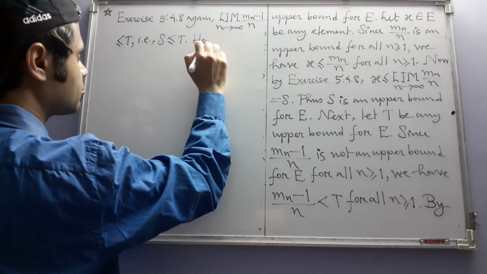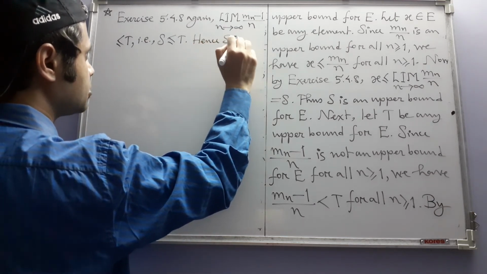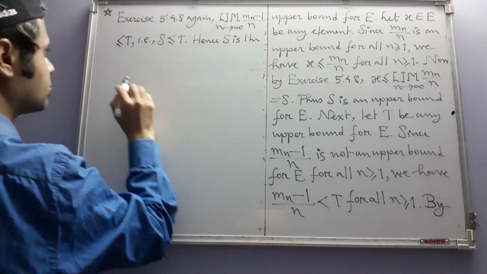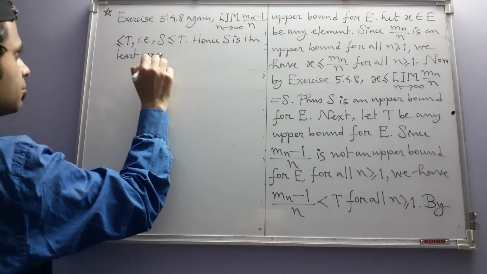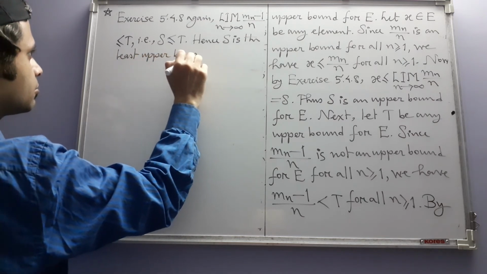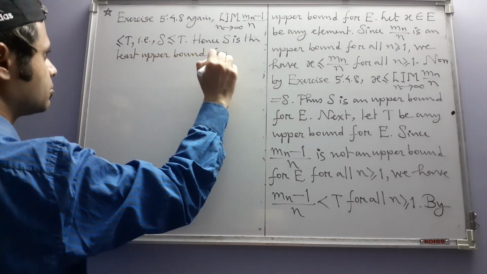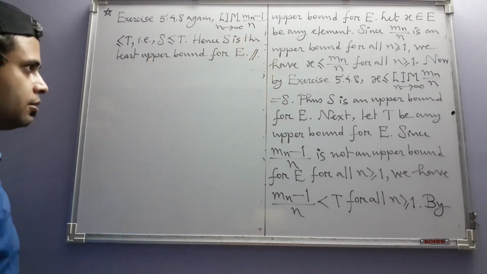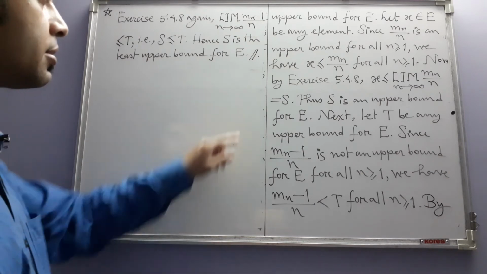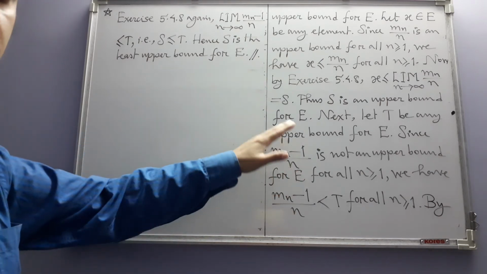Hence, S is the least upper bound for E. So this completes the proof. Completes in the sense that of course we have gaps.